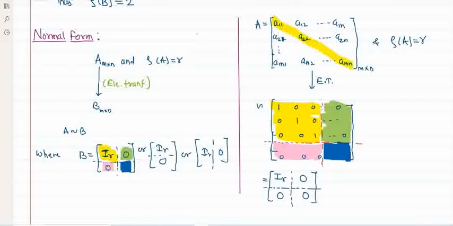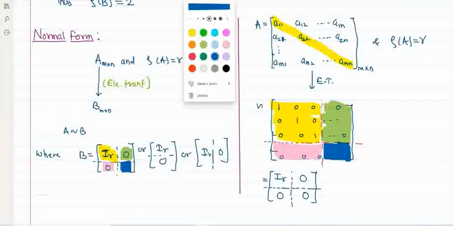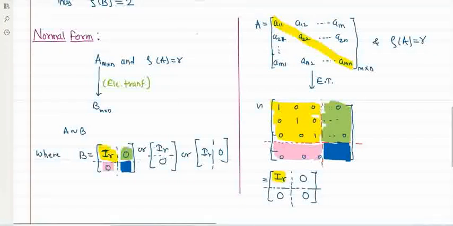In this case, the rank of the matrix is whatever order r of the unit matrix you are getting. So the rank of the matrix is r.